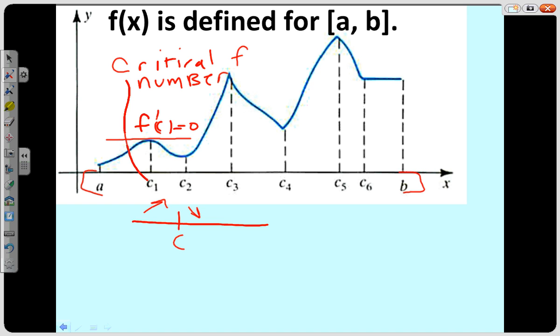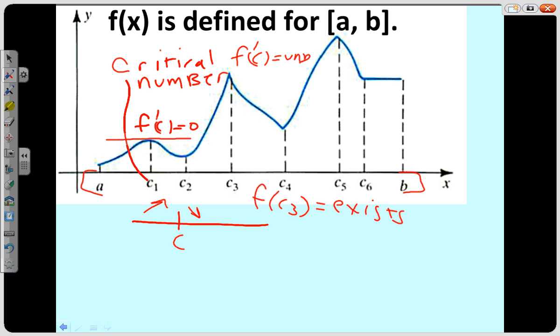Here, the derivative is undefined. That's a big point. C is in the domain of the function. C has to be in the domain, and the derivative has to be undefined there. So f of c exists. No, the derivative value is undefined.